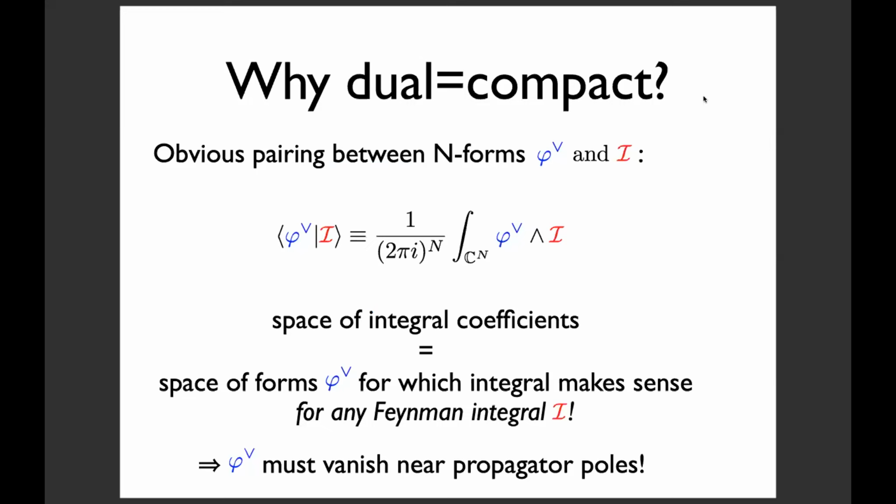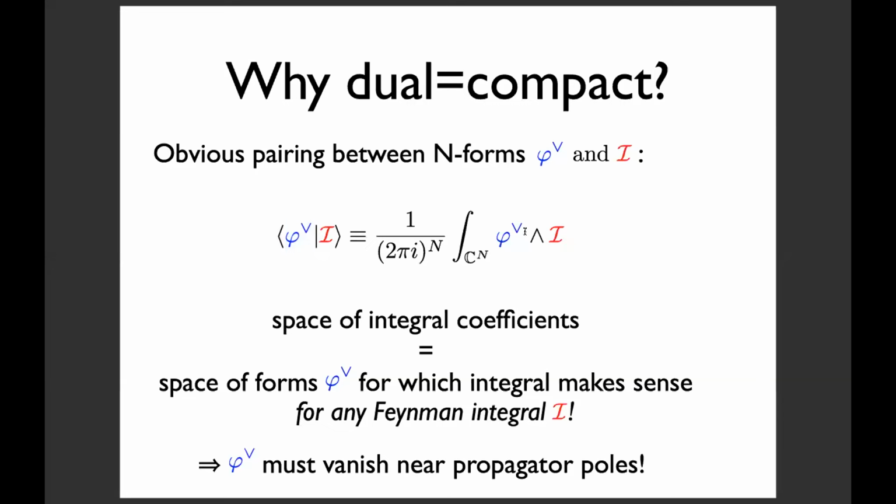Why does the dual have to do with compact support? This is almost tautological. So our goal is, I've defined to you so far the space of Feynman integrals. And obviously, if I give you another n-form, you can get a number by integrating over all n-dimensional complex space. So there's an obvious way to pair forms. That's the intersection pairing. It's just the dumbest way you can get a number.